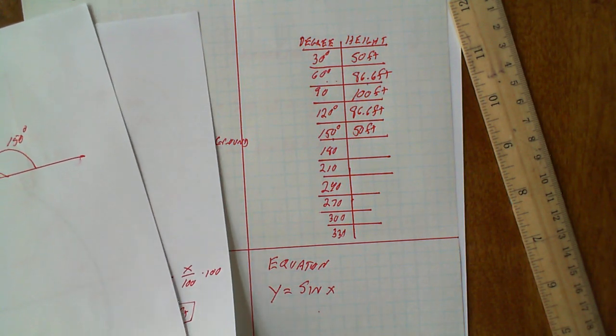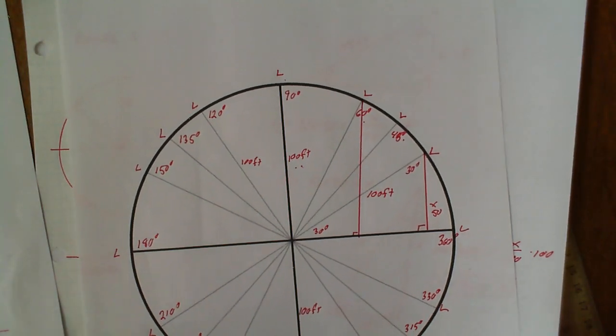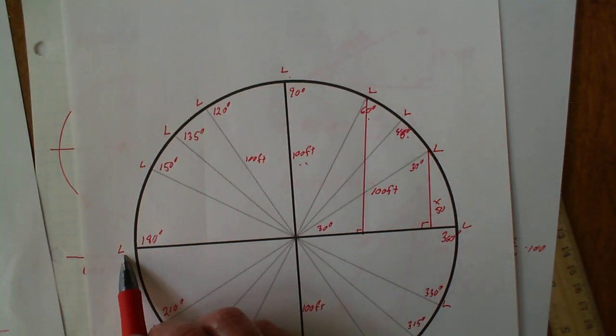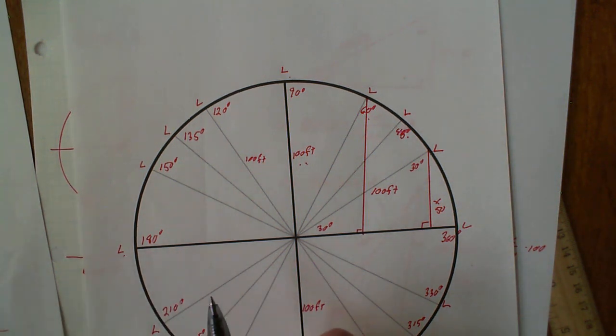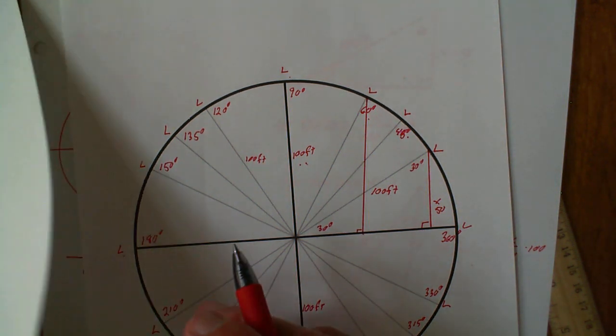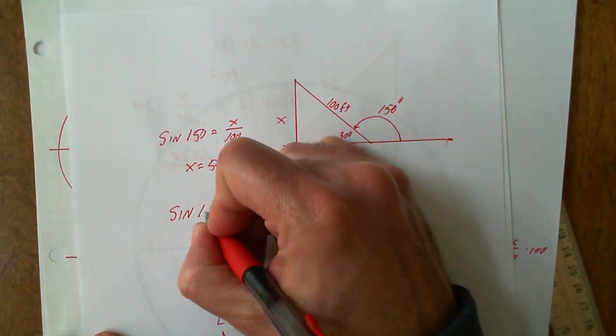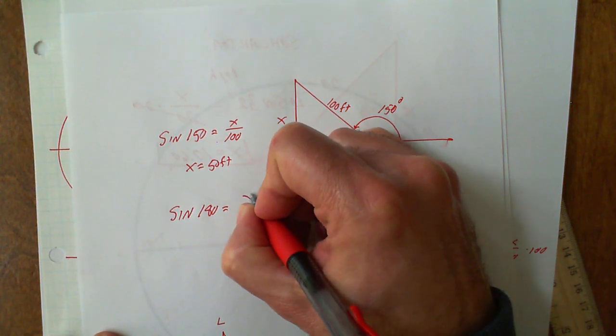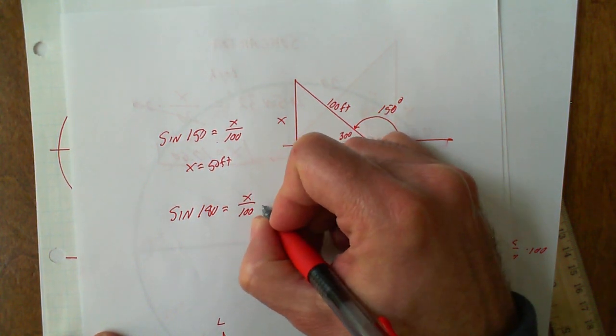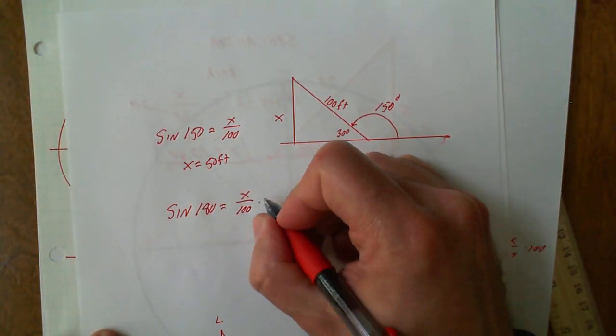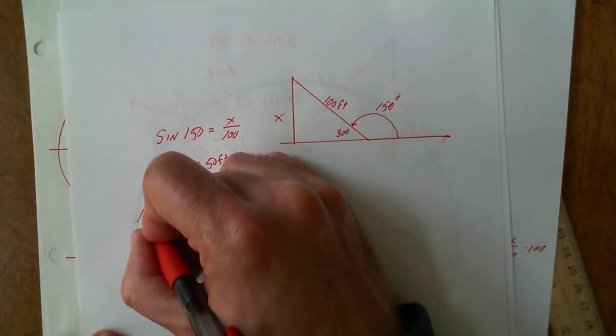Now, keep on going. You can fast forward this if you want, if you figured all this stuff out. But look, how high is this guy here at 180 degrees? Well, if you don't know, let's calculate. Sine of 180 equals the height over the hypotenuse. Multiply both sides by 100.